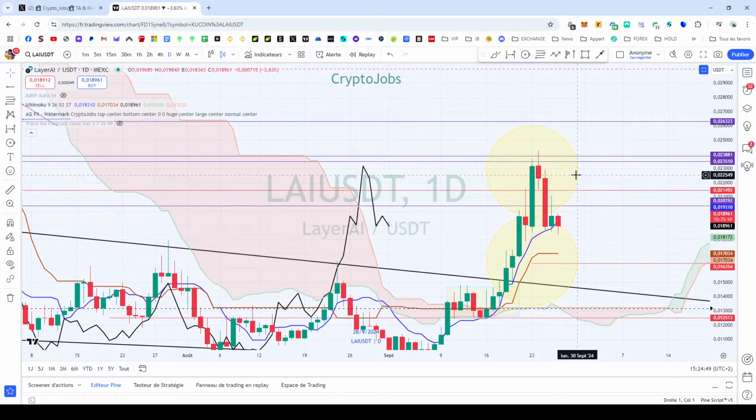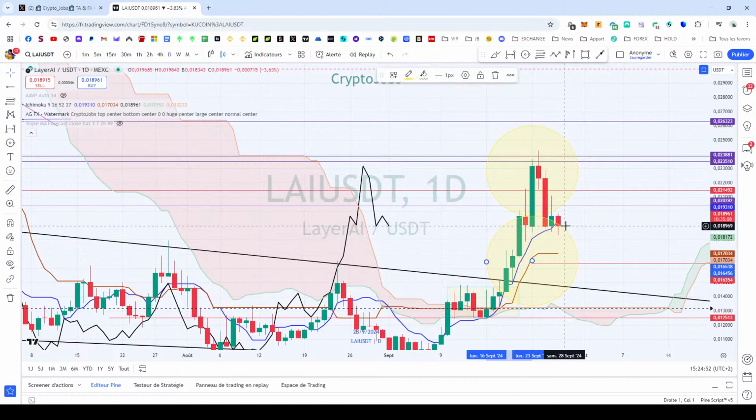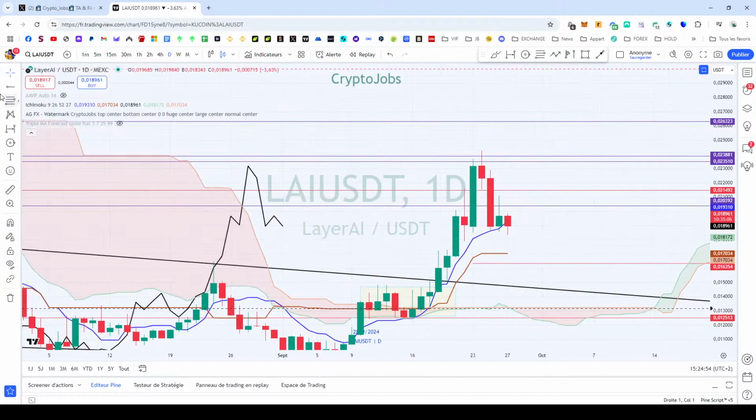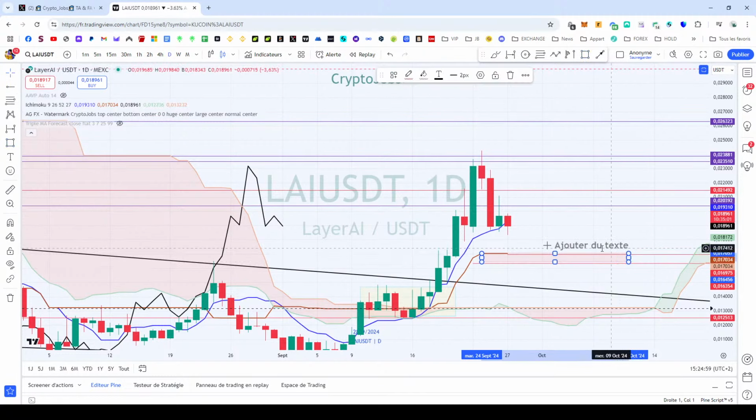So currently, we are neutral on LAI, probably a bullish retest, but it's possible to see another lower support retest.